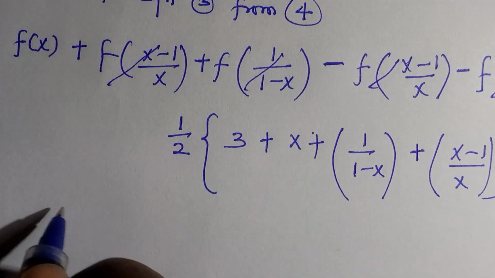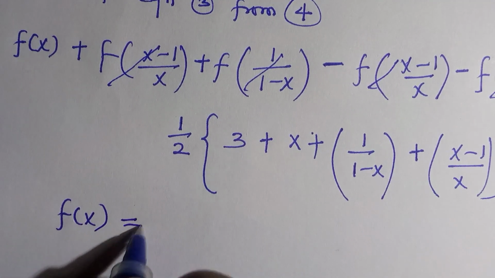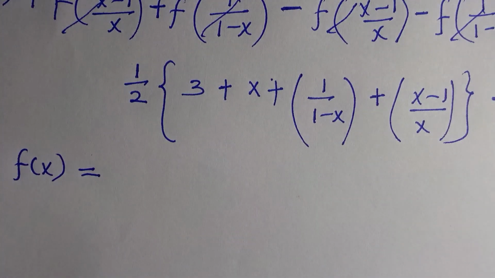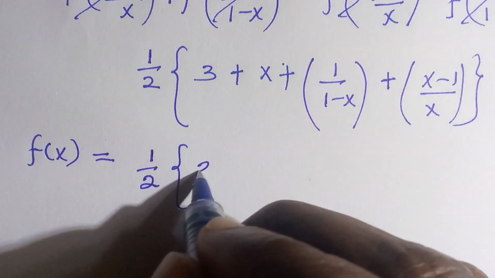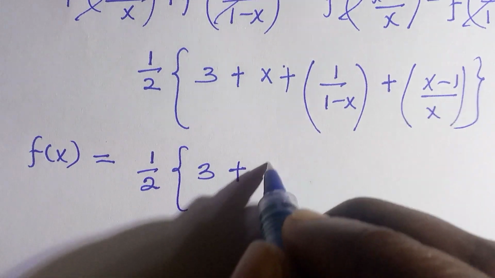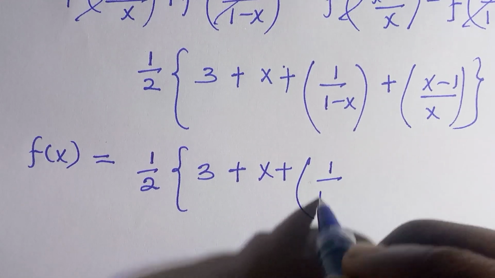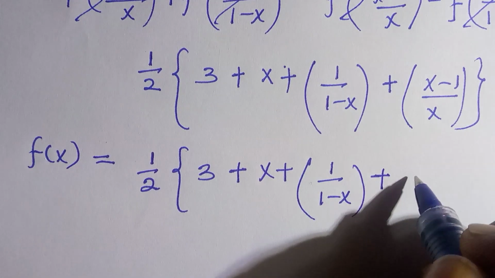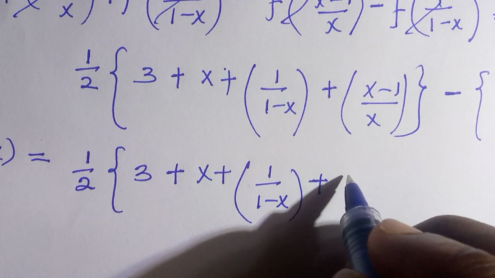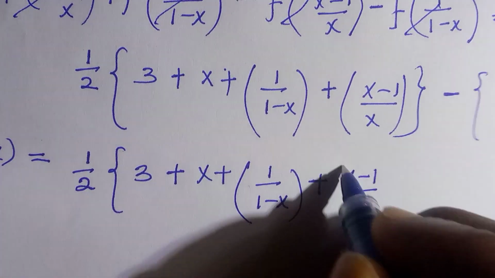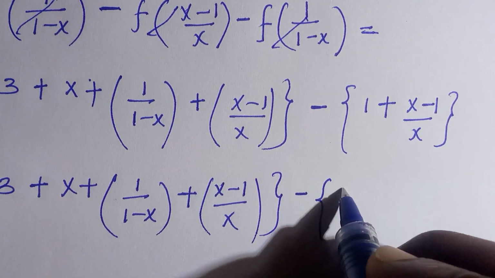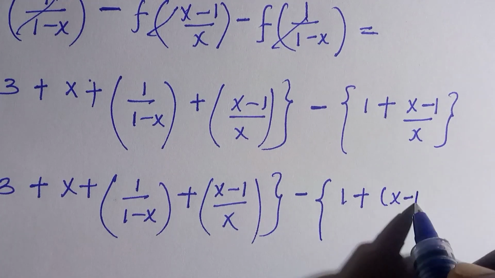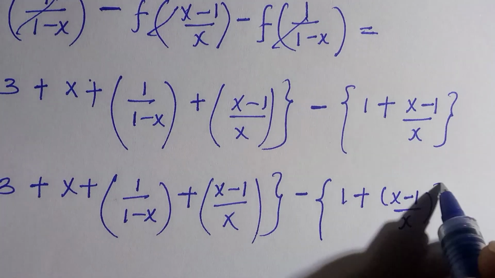And here we have f of x separate equals to, while other side here we have 1 divided by 2 bracket 3 plus x, then plus bracket 1 divided by 1 minus x plus x minus 1 divided by x bracket, everything bracket, and minus bracket 1 plus bracket x minus 1 divided by x bracket.